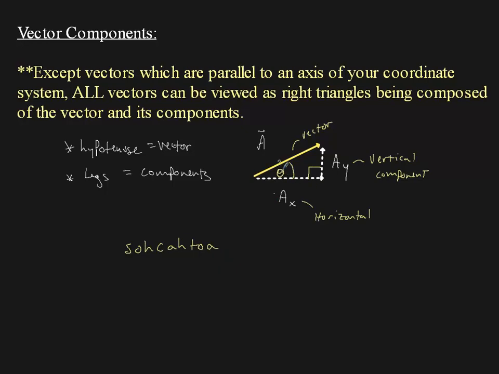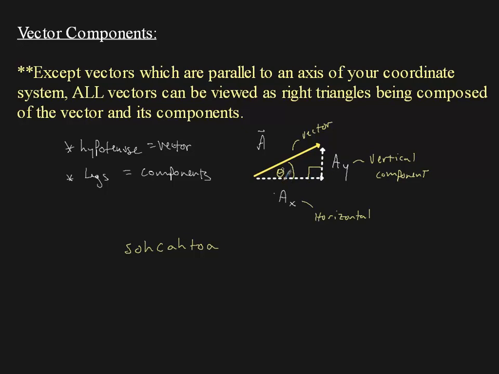Now, in my particular example, I've used the x-axis as my point of reference for 0 degrees, and therefore theta is being measured from the x-axis. So if I want to know the x component of this vector, then this is the adjacent side of the triangle, and this is the opposite side of the triangle. Remember that adjacent and opposite are in reference to theta, the angle that you want to use.